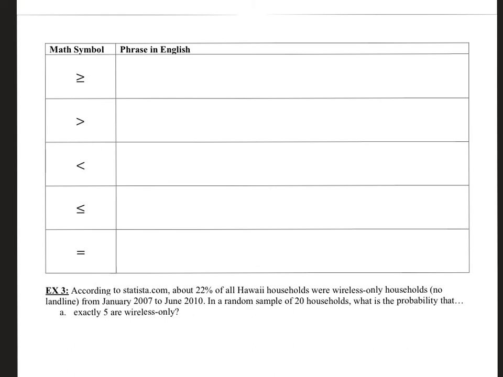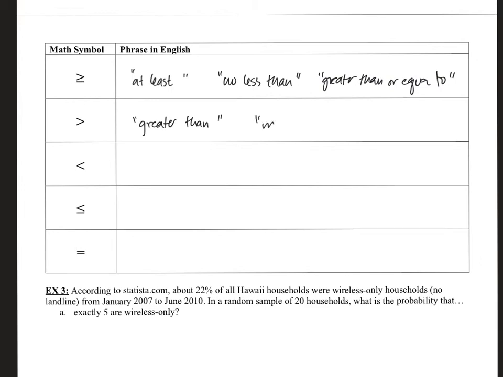All right, so real quick, let's look at math symbols and the phrases in English. More than likely you know these phrases, but let's just go ahead and cover them again. For the first math symbol, the options are: at least, no less than, or greater than or equal to. This is the most commonly used phrase for that. The next symbol is either greater than or more than.